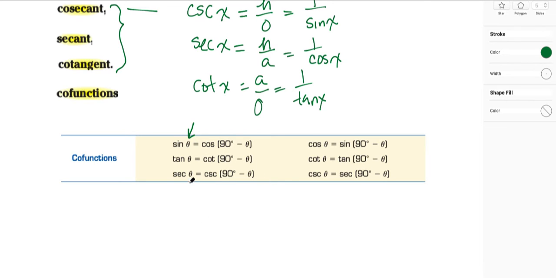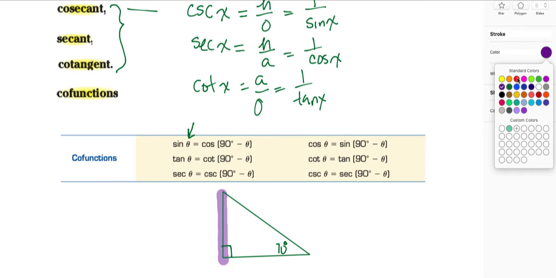So let's think about what that means. I'm going to do one quick example, and I think it'll make sense after we do this. Here we have a right angle triangle, and let's say that this is 70 degrees. If I'm down here at the angle that is 70 degrees, I want to talk about the opposite and then the adjacent, and then let's do the hypotenuse in green.